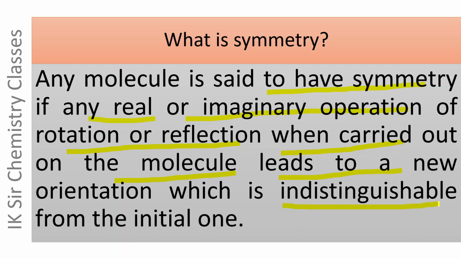If any real or imaginary operation of rotation or reflection is carried out on a molecule and it leads to a new orientation which is indistinguishable from the initial one, then we say that that molecule has symmetry.